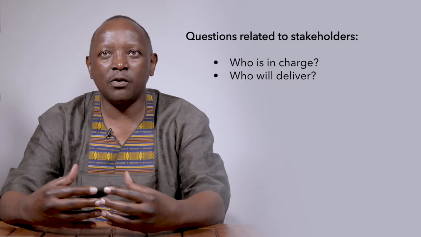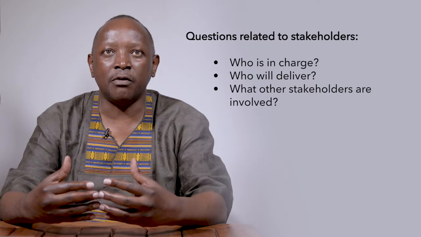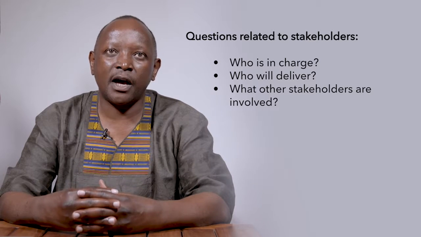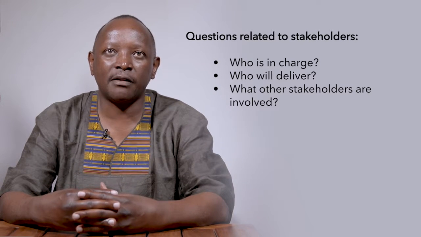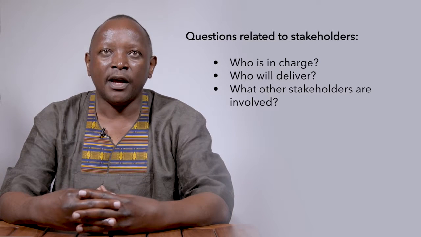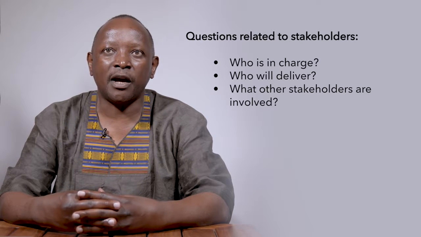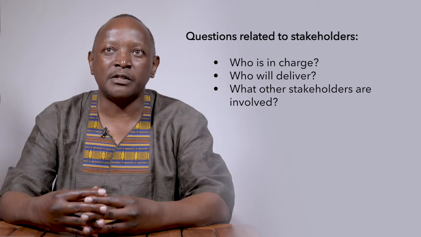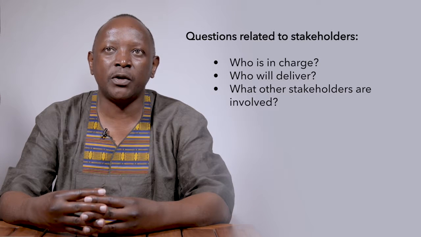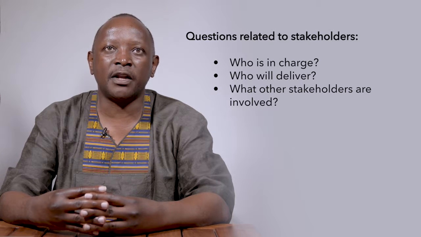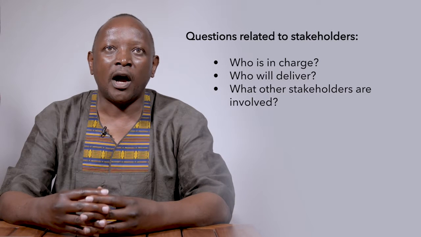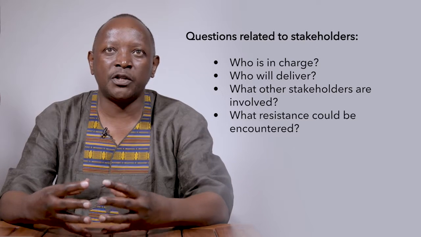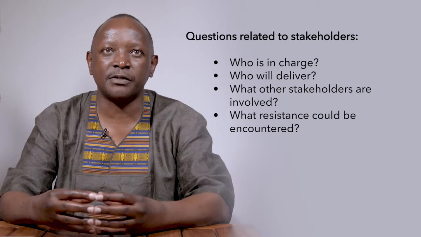We also need to ask ourselves what other stakeholders are involved, and these are mostly secondary users, and they could be sister UN agencies or other non-government organizations. In looking at which further actors may have a stake, we normally talk to as many potential stakeholders as possible to establish those who have an interest. And also, we have to establish what resistance could be encountered, because social protection systems are essentially human systems.